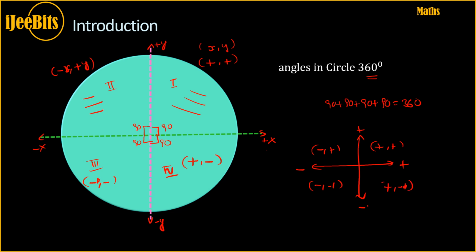So we say first quadrant, second, third and fourth, right? This direction is called anticlockwise. You can look at your wristwatch, then you can say this is the clockwise direction, and this is the anticlockwise direction.